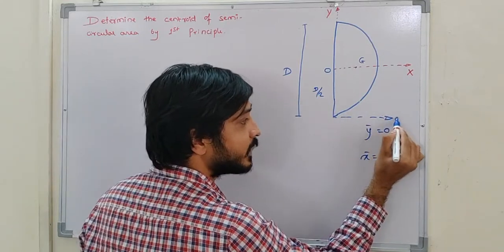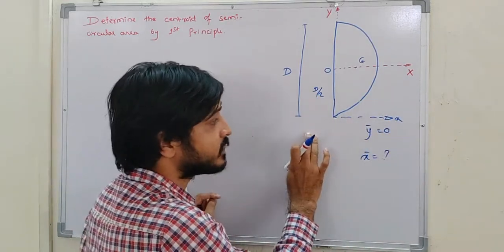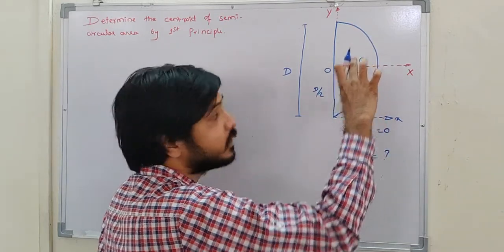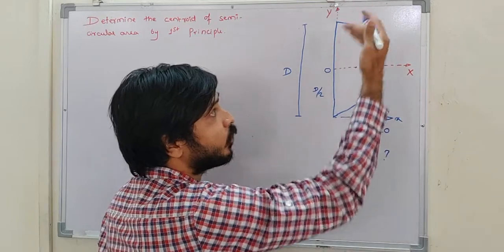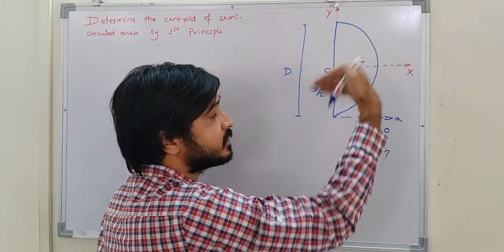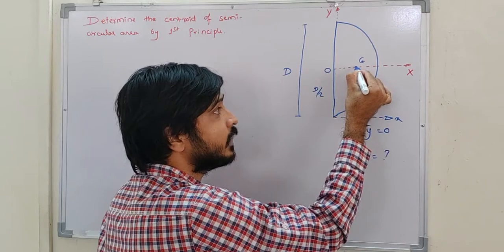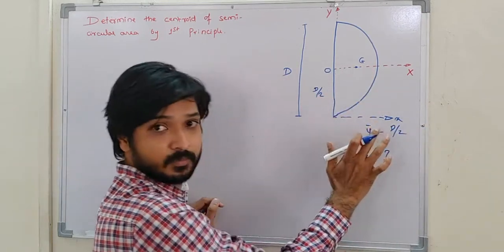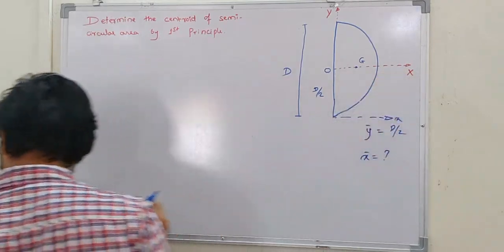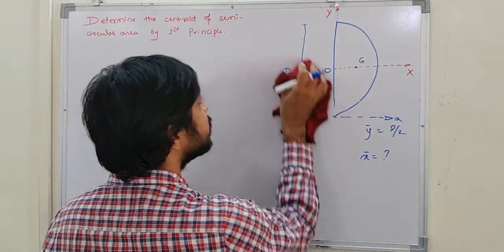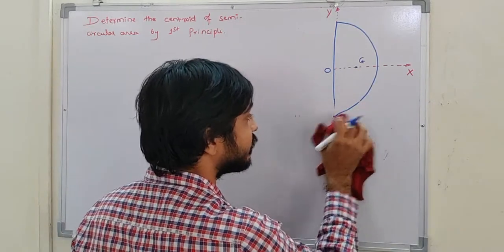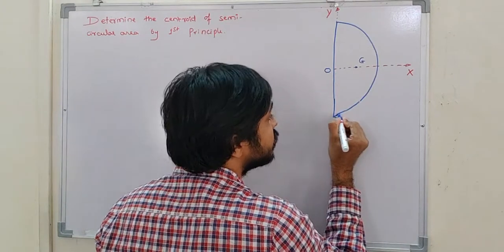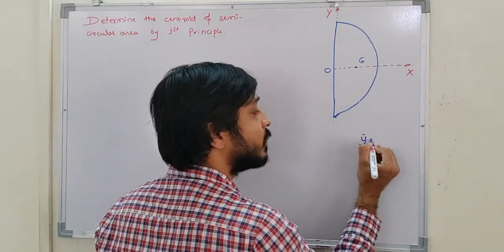If I take this line as the reference line, I can draw one symmetric line here, and above and below the area is symmetric, so the CG will lie on the symmetric line, so Y bar will become D by 2 in this case. Whereas in this case, I am taking the reference axis on the symmetric line itself. So we get Y bar equals 0.